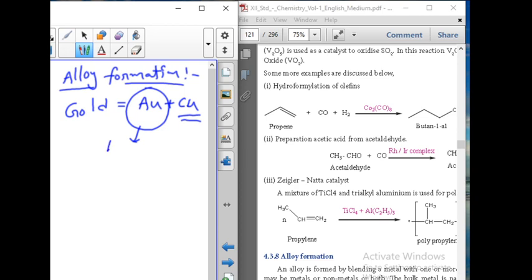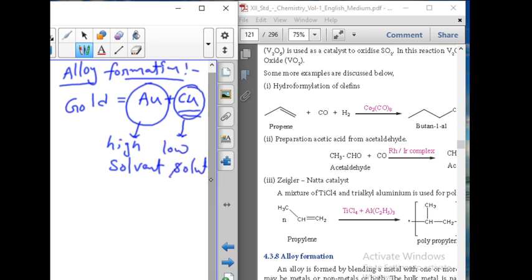One element will have the highest percentage, that is called the solvent, and another element will have the lowest content, that is called the solute. The mixture is called a solution, that we know. In any alloy, the metal with the highest percentage is called the solvent, and the metal with the lowest percentage is called the solute.